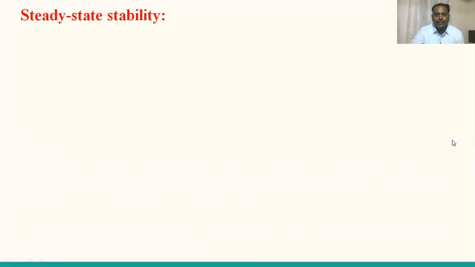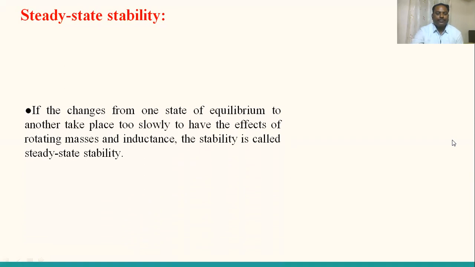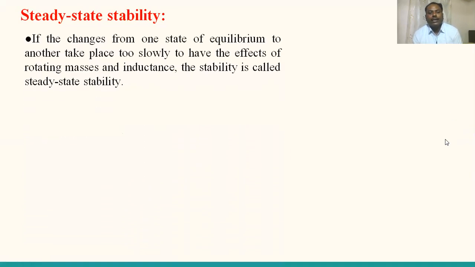Steady state stability, you see here. It is defined as follows: if the change from one state of equilibrium to another state of equilibrium takes place too slowly to have the effects of rotating masses and inductance, then the stability is called steady state stability.